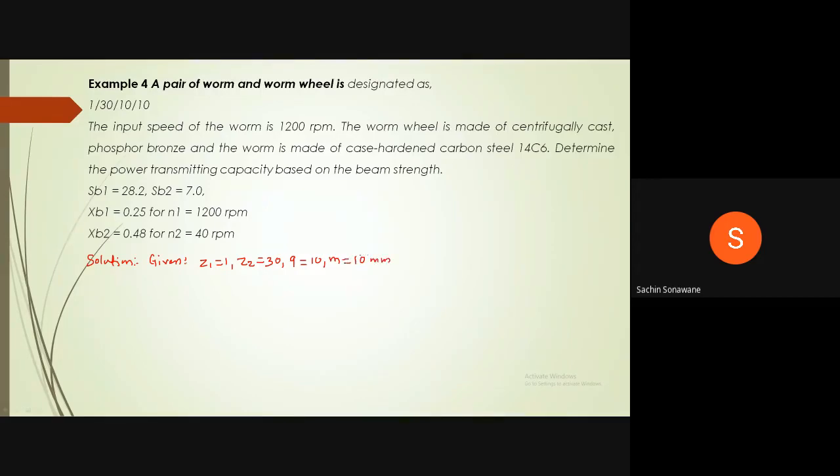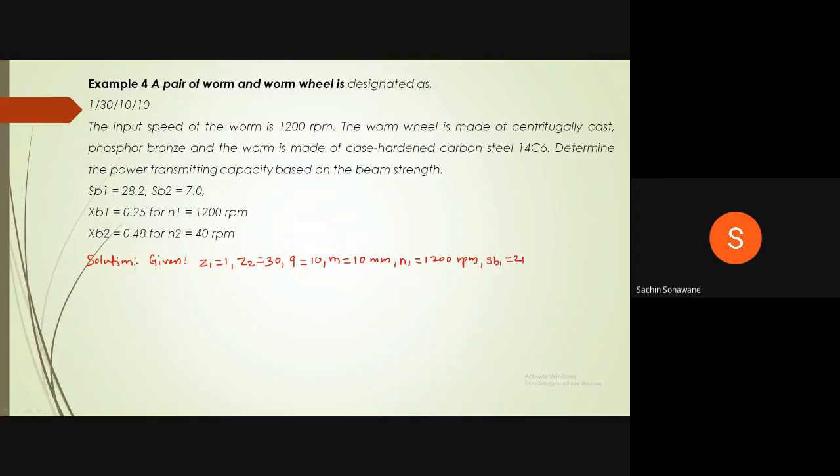Now they have given the input speed of the worm, that means n1. n1 is equal to 1200 rpm, and the remaining values are given.